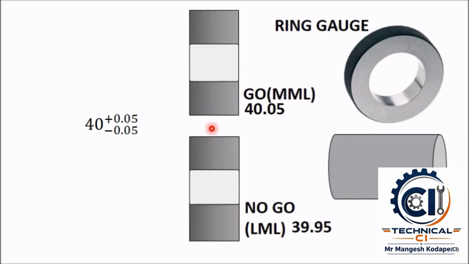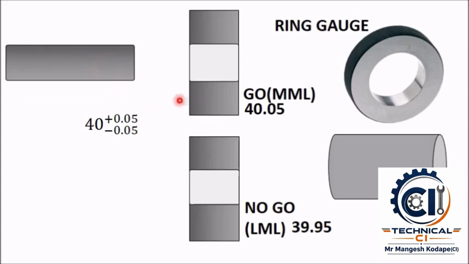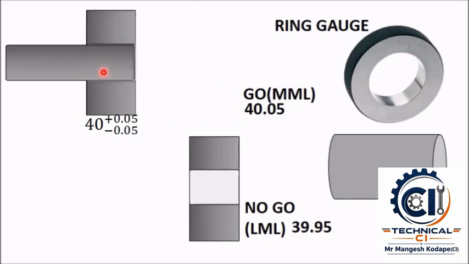Now what you have to do is keep this shaft here. Now we will try to put this ring gauge onto this shaft. You can take any dimension of this shaft. Now I am trying to put this on. So it is going inside. In case of the go gauge, it should go completely over the shaft. If it is going, then okay, the first step is over.